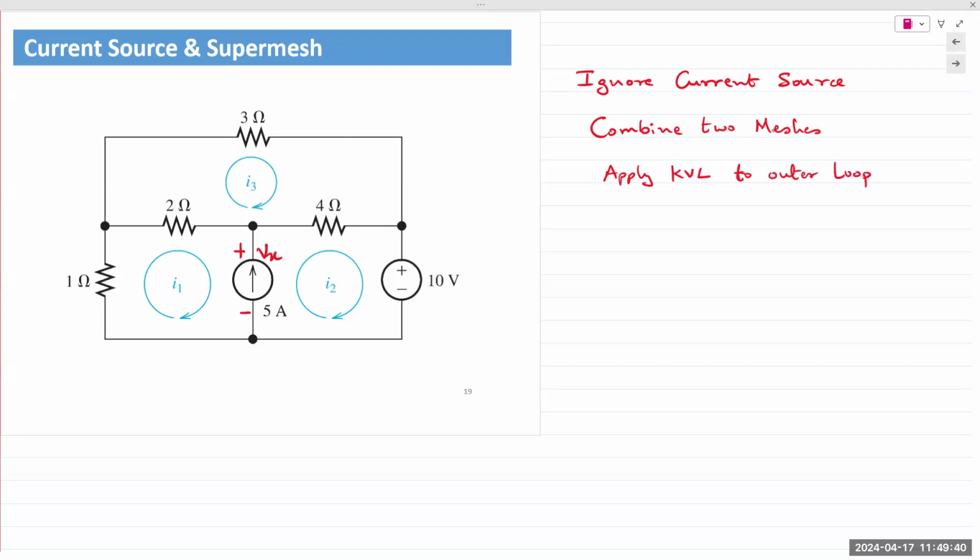So we have mesh 1 and mesh 2. We ignore the current source, we combine the 2 meshes together, and we apply KVL in the outer loop.